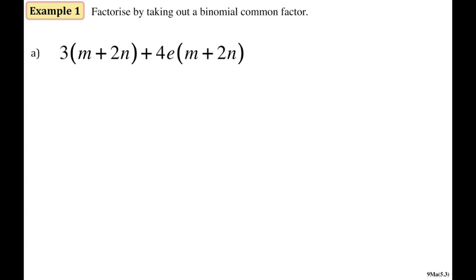Here's our first example. It says factorise by taking out a binomial common factor. Well, let's see what's common. If you have a look at this bracket, there's a bracket that has m plus 2n. There's another bracket that has m plus 2n. There are actually 2 terms in this question. Here is our first term.